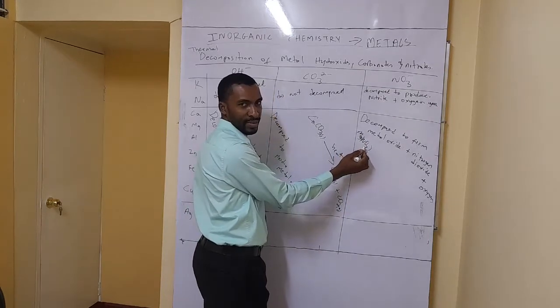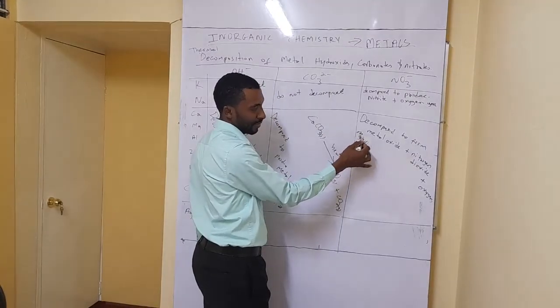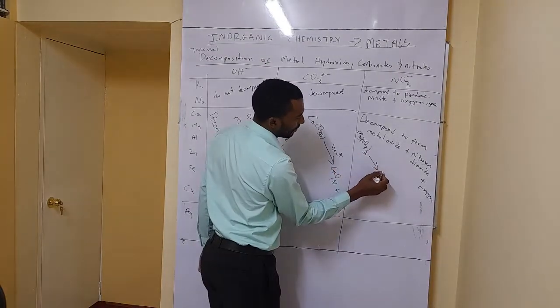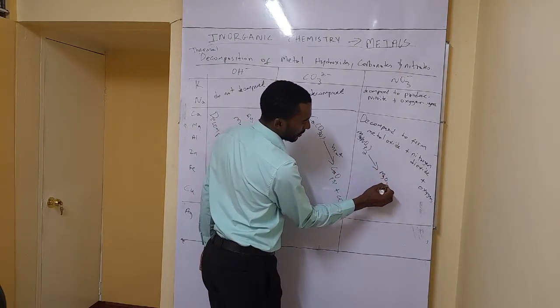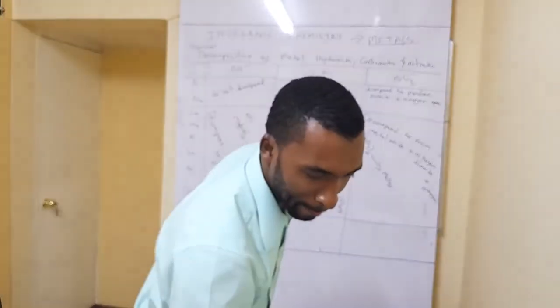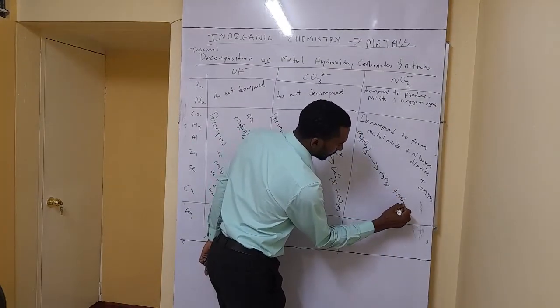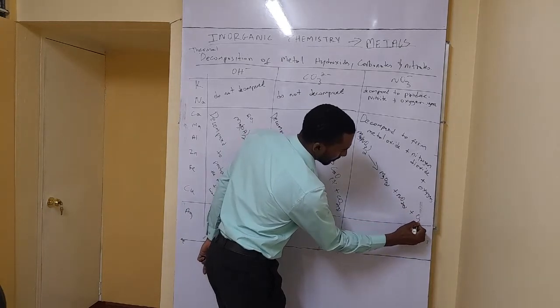Remember, nitrate is -1 and magnesium is +2, so we have to put bracket 2: Mg(NO3)2. Alright? It decomposes to produce MgO solid plus NO2 gas plus oxygen gas.